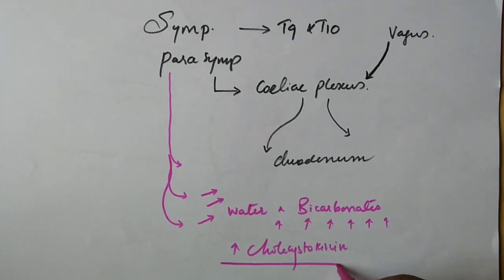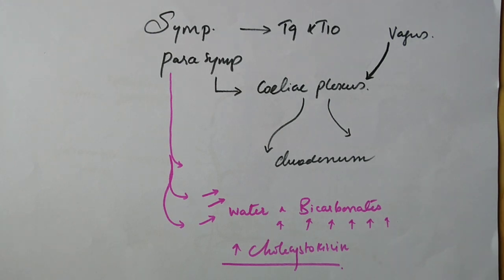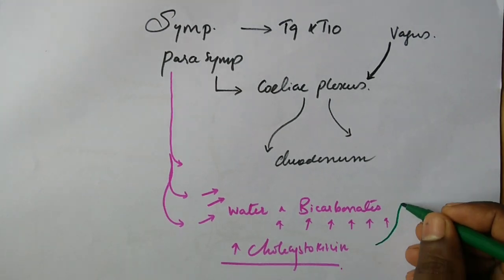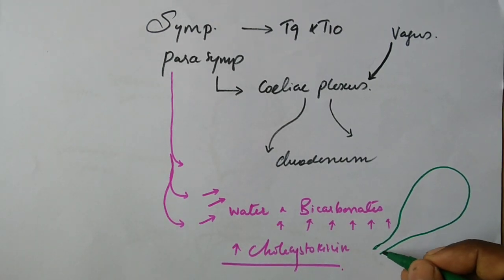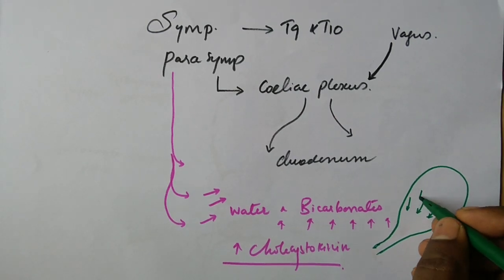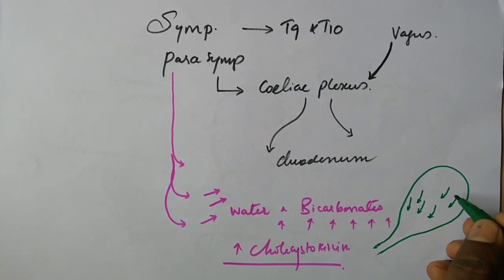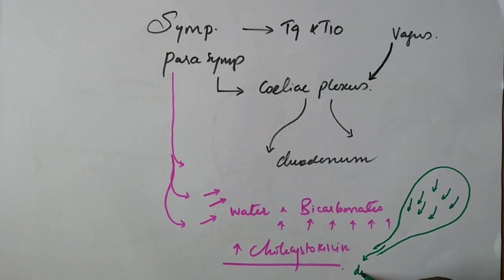And this cholecystokinin will cause constriction of the gallbladder and relax the sphincter of Oddi, so that the bile present inside the gallbladder will be emptied into the duodenum.